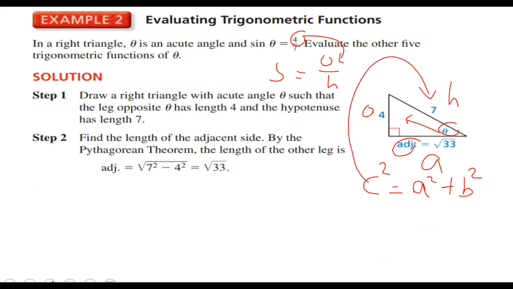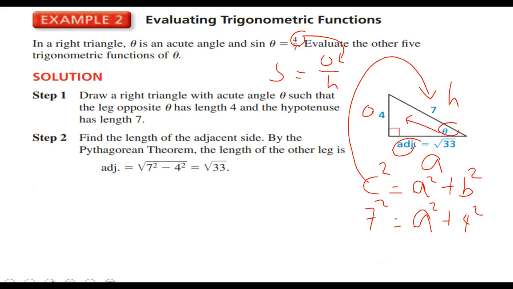And then your a and b can be your opposite or your adjacent side, it doesn't matter. Your hypotenuse now will be 7, so we square 7. Your a, in this case, it's missing, so we say a squared. Your b is your opposite, so that's 4 squared.